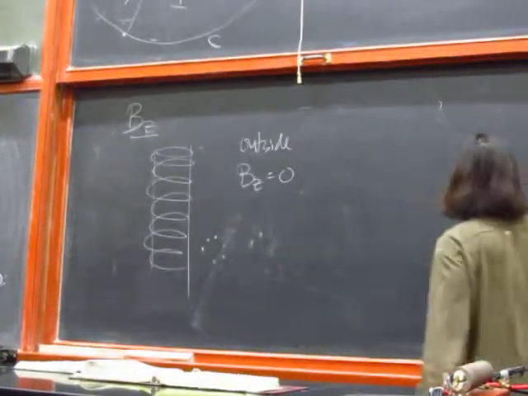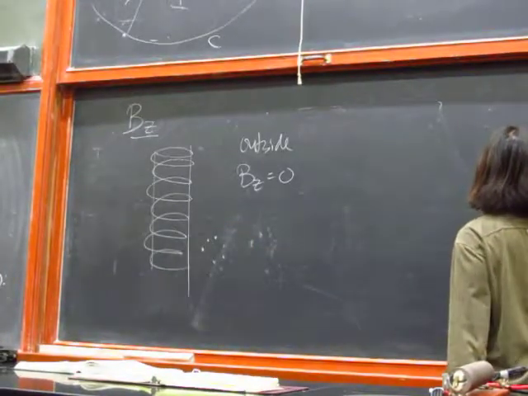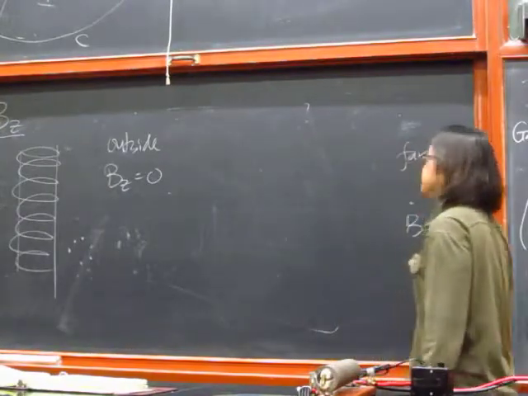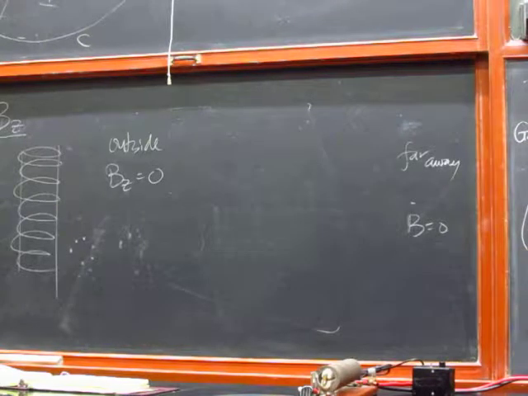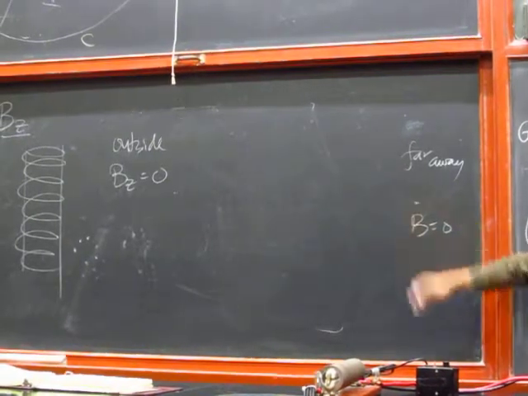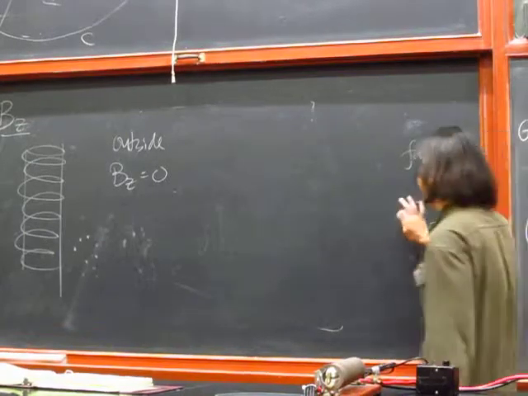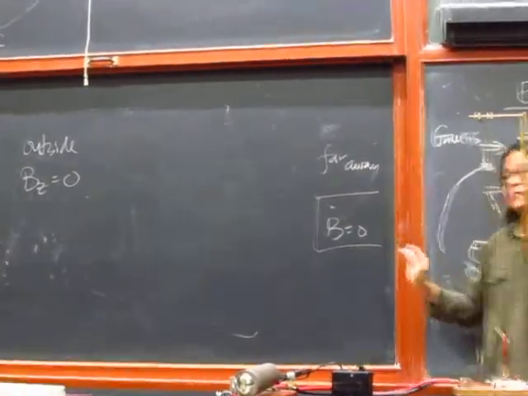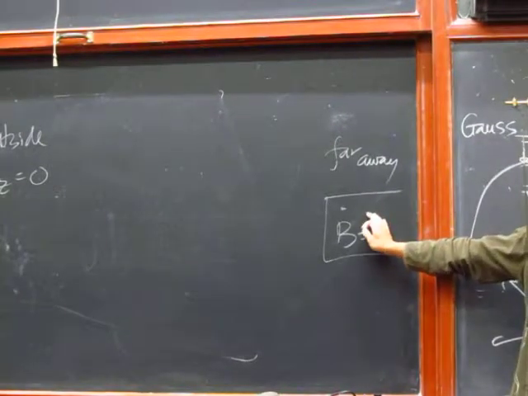It's not quite clear why, and maybe I can come back to another example later on. But let's take it as an experimental fact that the B field far away is 0.